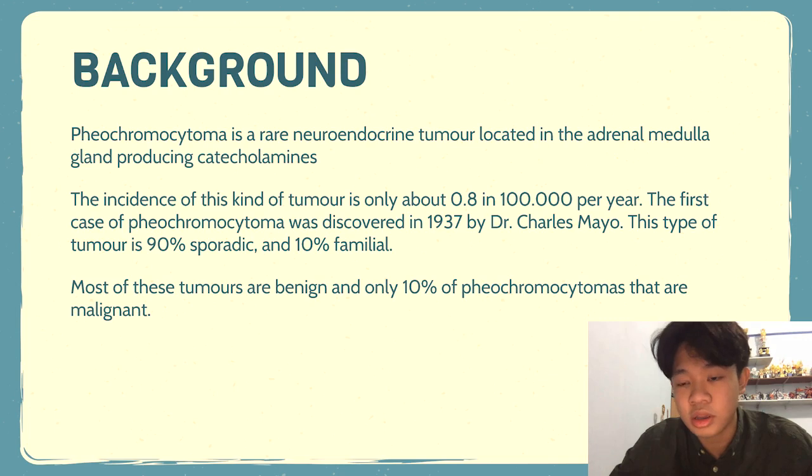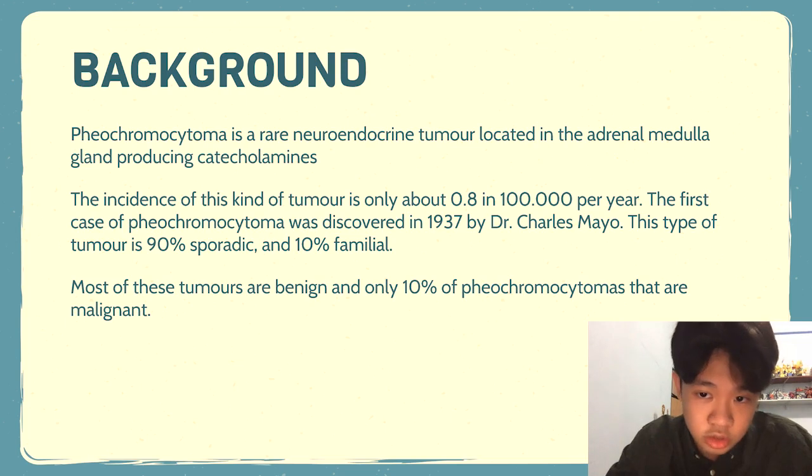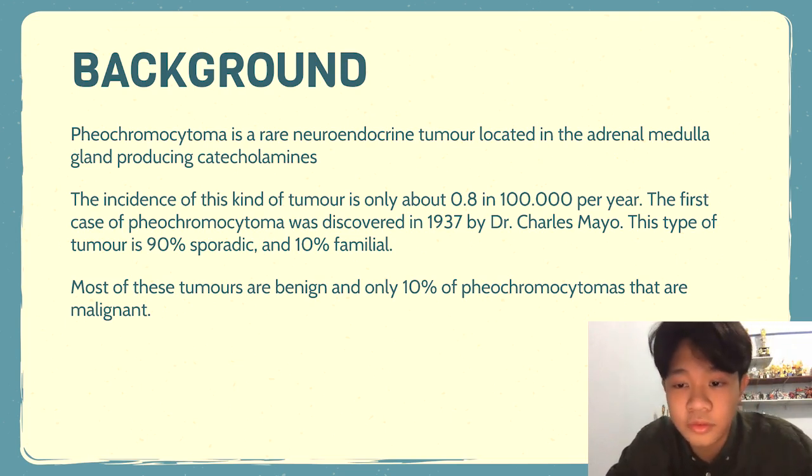This type of tumor is 90% sporadic and 10% familial. It's also studied that pheochromocytoma is related with von Hippel-Lindau syndrome, multiple endocrine neoplasia type 2A, multiple endocrine neoplasia type 2B, and neurofibromatosis.